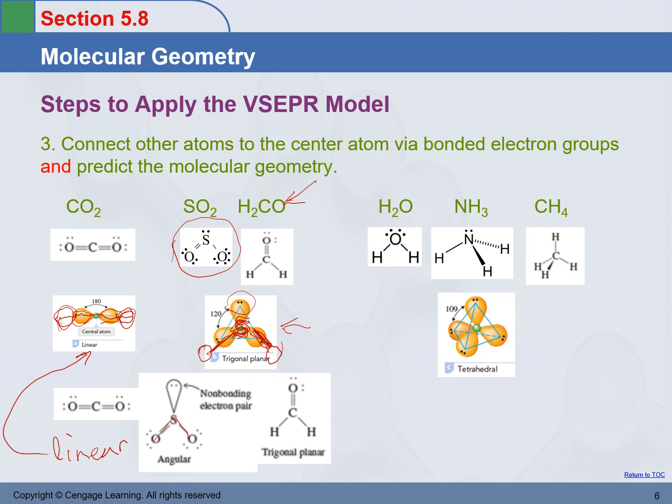Not only do we know that, but we also know this angle must be somewhere around 120 degrees, because those are where electrons are. Electrons are right here. Make sense?